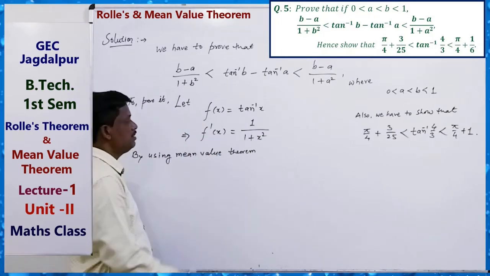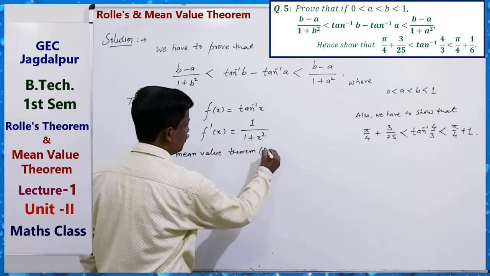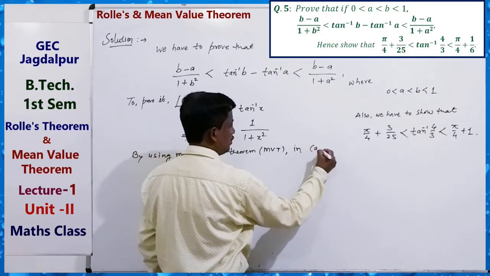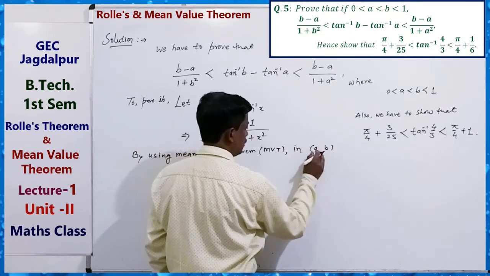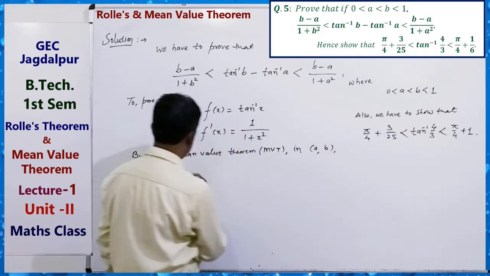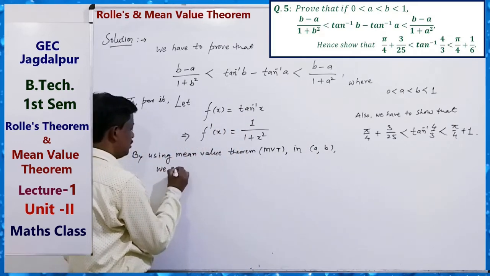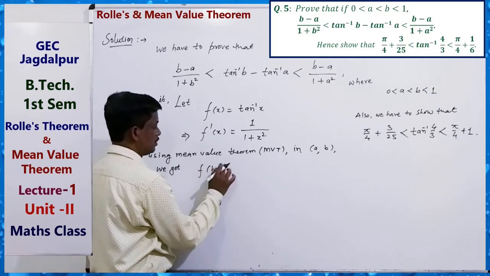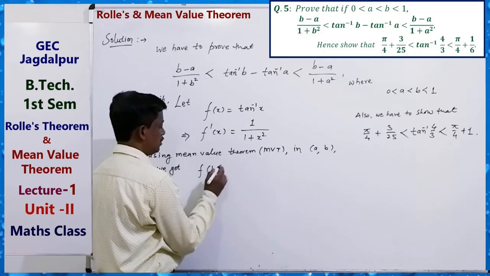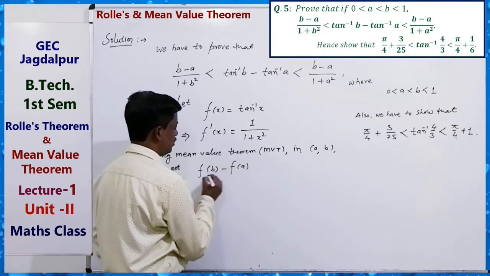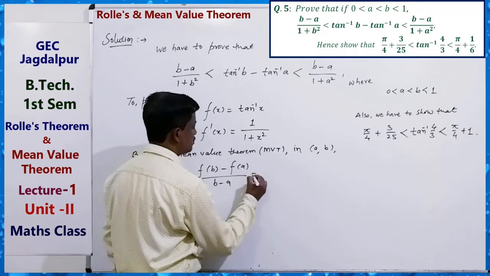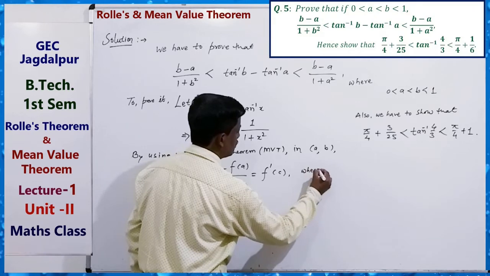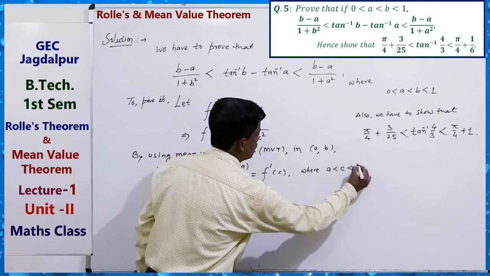So in this interval, by using the mean value theorem, we get f(b) minus f(a) upon b minus a equals f dash c, where a is less than c less than b.